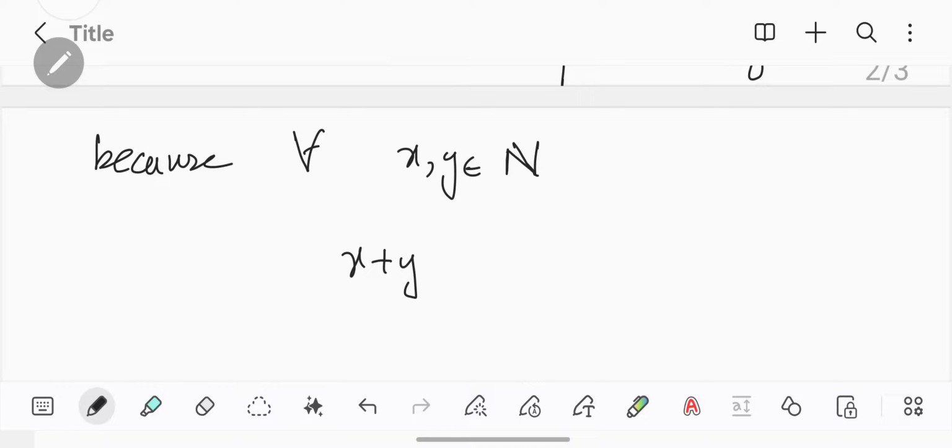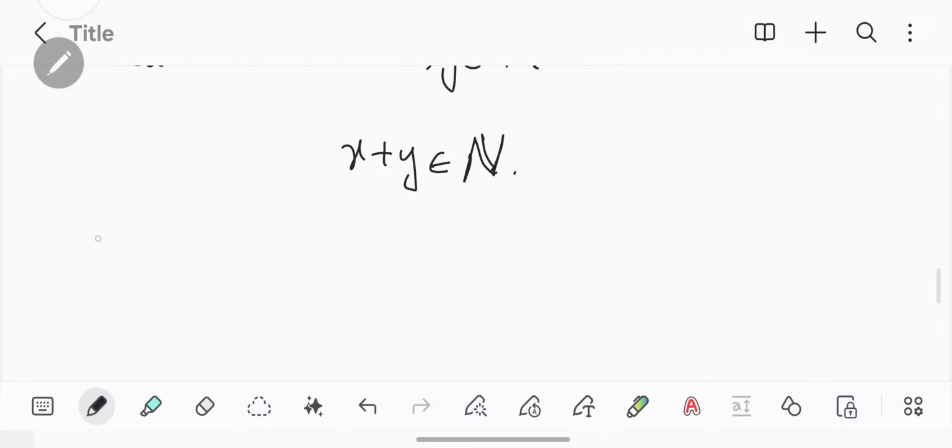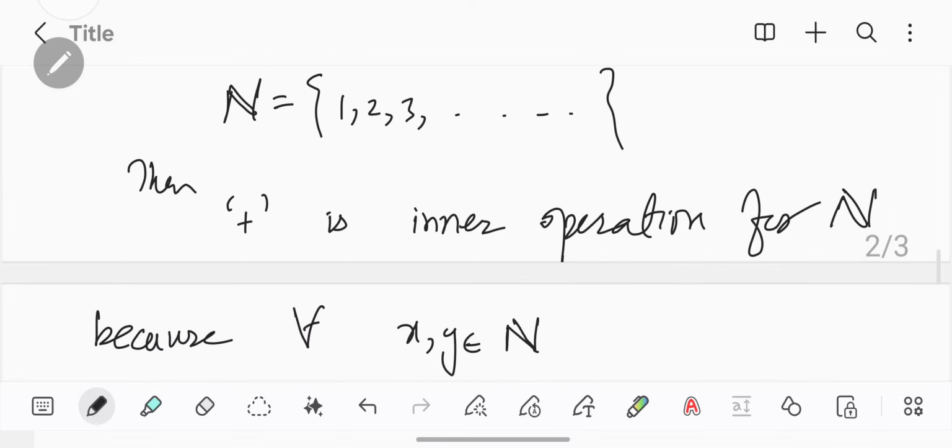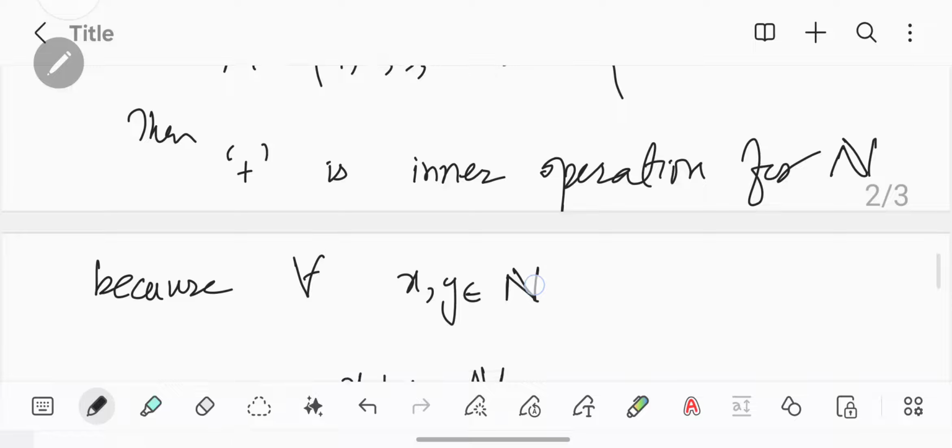If you add any two natural numbers, you get again a natural number, right? Therefore N is closed under addition. Therefore we say star is an inner operation for N, or we say N is closed under addition.